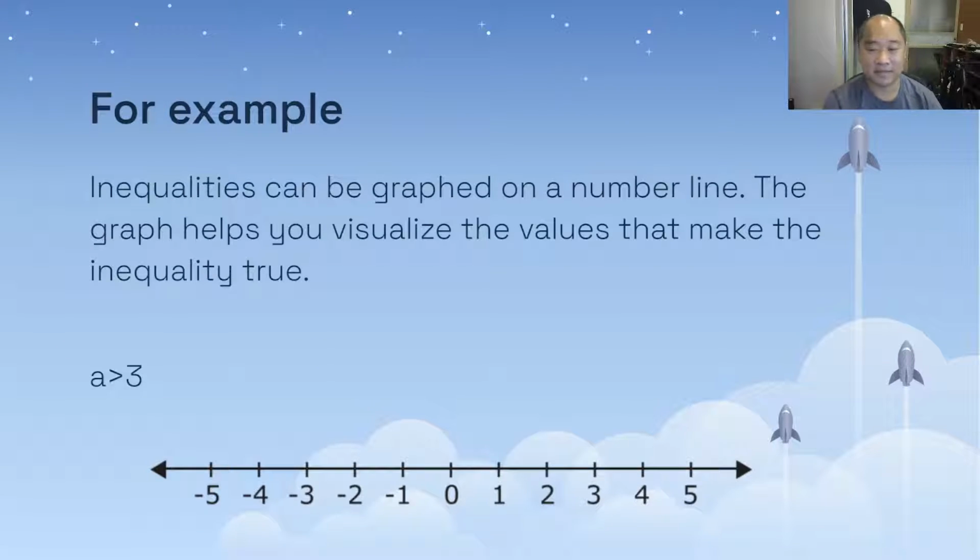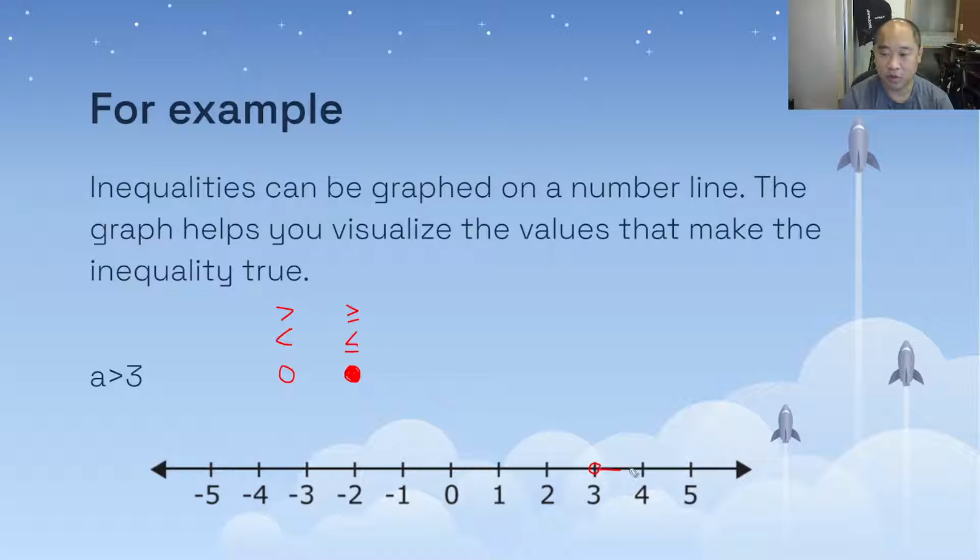Okay. Sometimes inequalities can be graphed. Well, not sometimes. Sometimes it's useful to graph an inequality on a number line in order to see the answer set visually. So if A is greater than 3, then you would draw an open circle. Remember that the less than and the greater than symbols are an open circle, and greater than or equal to or less than or equal to is a closed circle when you're graphing.